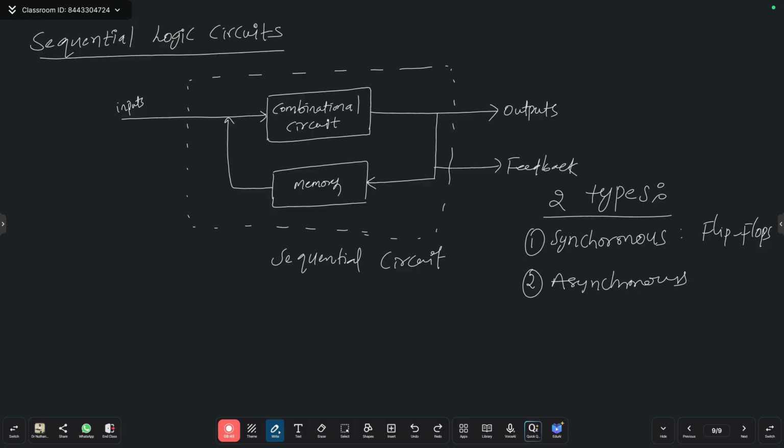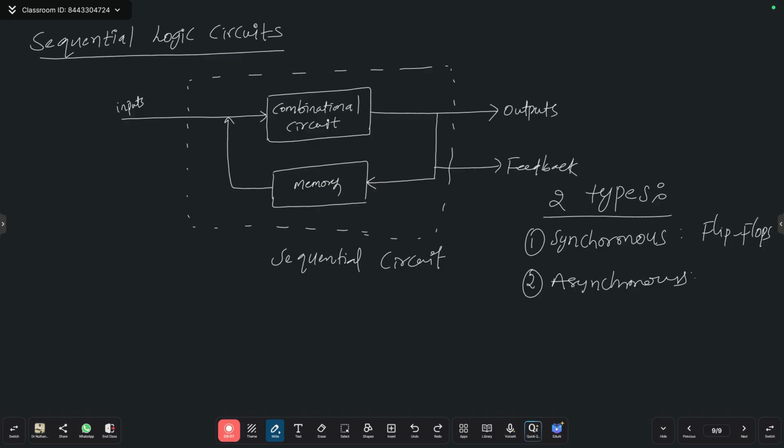Then coming to asynchronous sequential logic circuits, they run with different clock pulses.